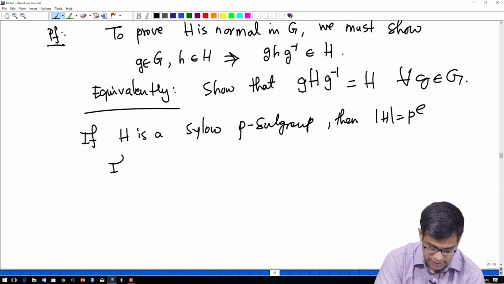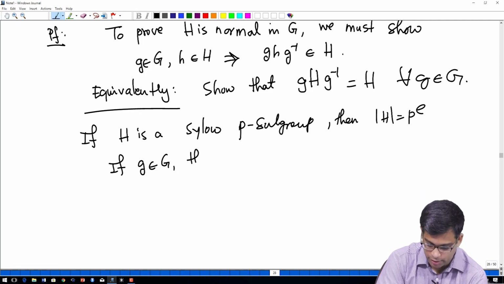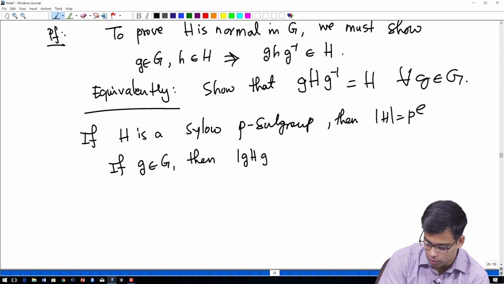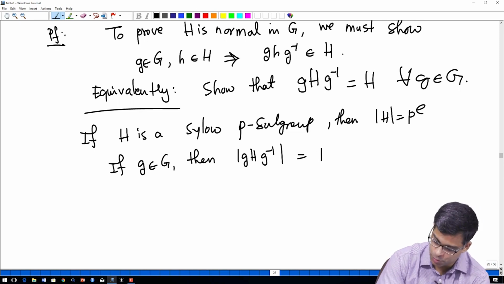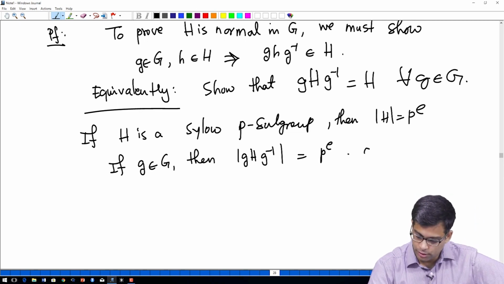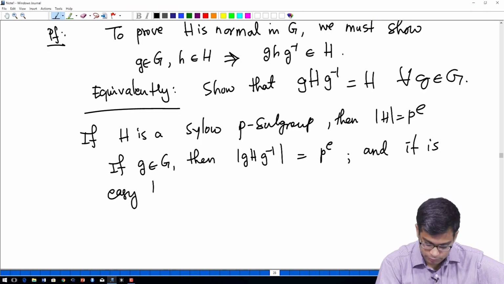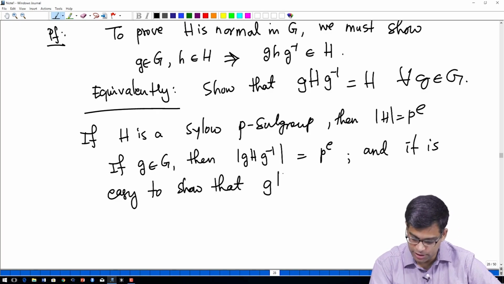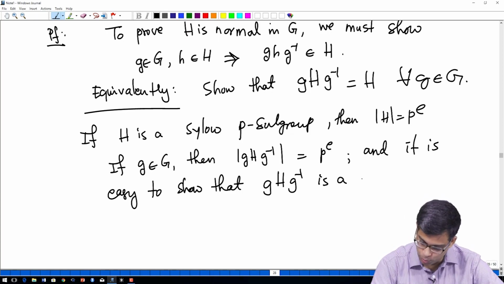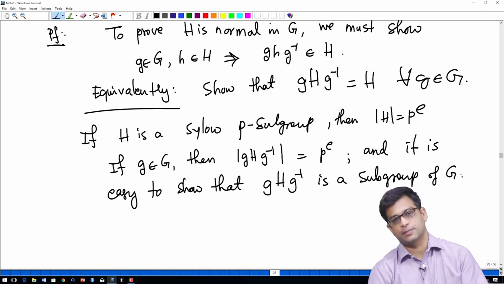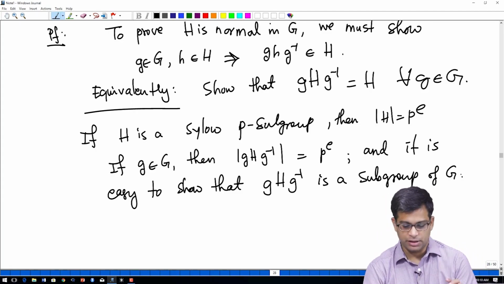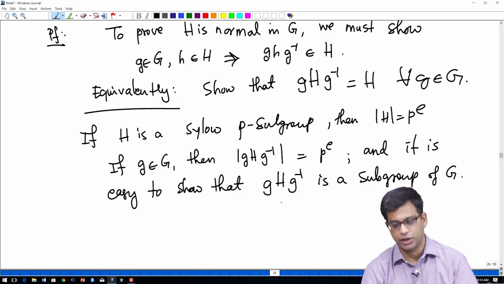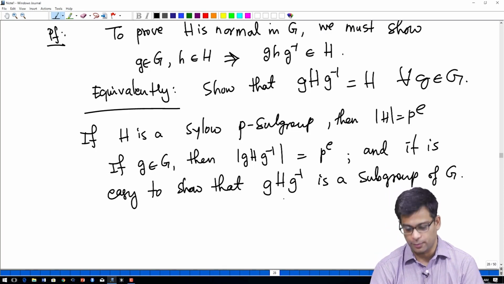So, now if g is in G, then as I have said before, the order of g H g inverse is p^e, and it is easy to show that g H g inverse is a subgroup of G. See, the cosets are not subgroups, but conjugates are always subgroups, because identity is there, remember.